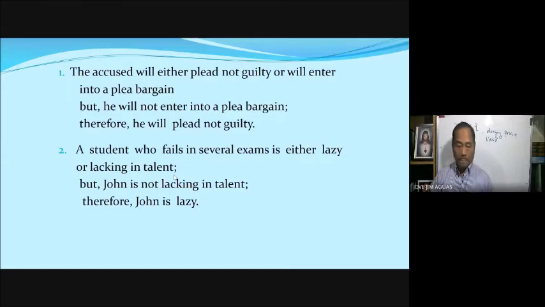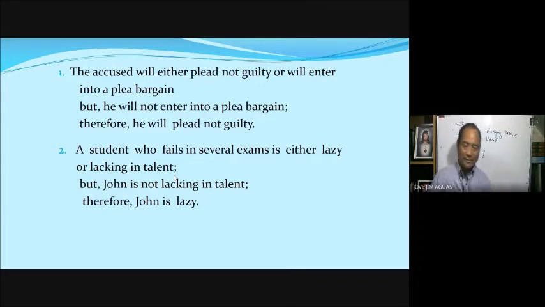Let's take number two. A student who fails in several exams is either lazy, P, or lacking in talent. Now, class, since you're already familiar with the pattern P and Q, you can substitute your own symbols. If you don't like P and Q, you can do your own symbols.